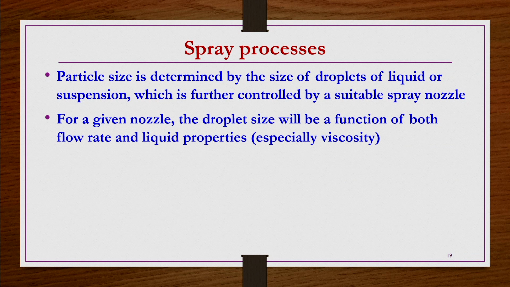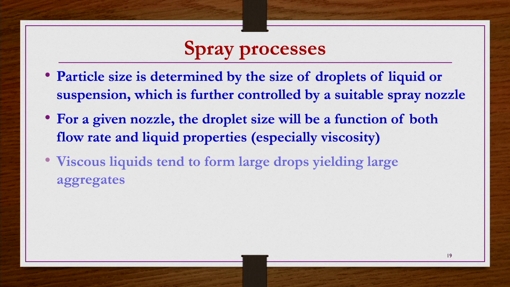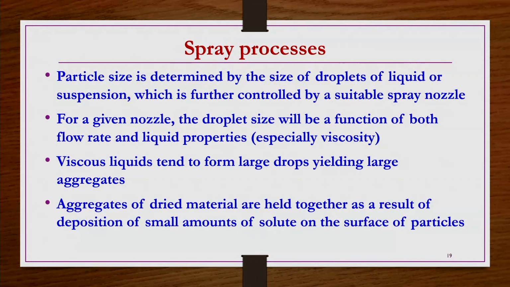For a given nozzle, the droplet size will be a function of both flow rate and liquid properties, especially viscosity. As I mentioned, viscous liquids tend to form larger drops, yielding large aggregates or bigger size granules. Then aggregates of dried material are held together as a result of deposition of small amounts of solute on the surface of particles. It's a kind of simple drying process.